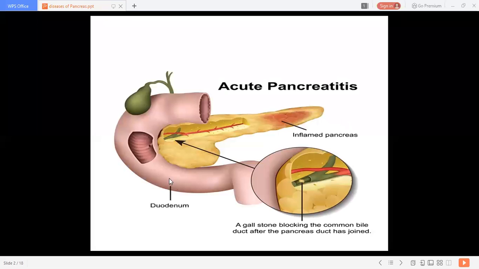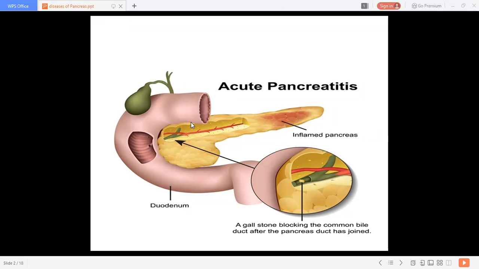This is the duodenum, and here you can see the obstruction, a gallstone blocking the common bile duct. After that the pancreatic duct has joined, at this particular area.